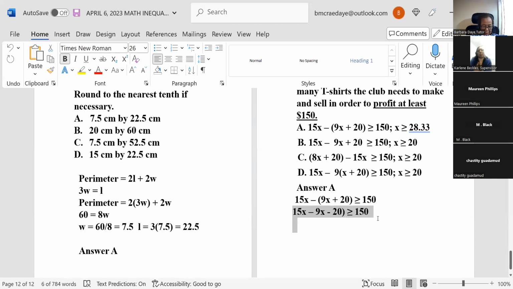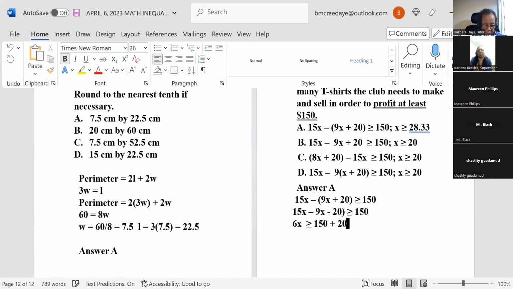I'm combining steps here. So 15X minus 9X is 6X. That would be 6X after the subtraction, and then add the 20 on the right, so it goes to 0 on the left.